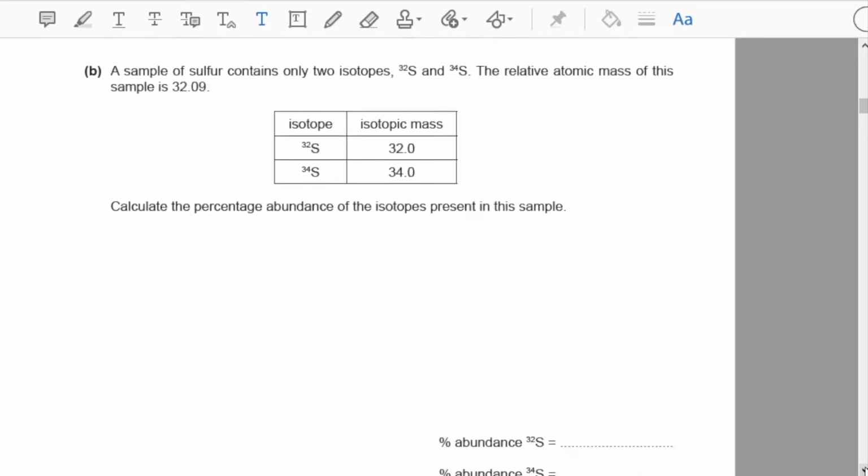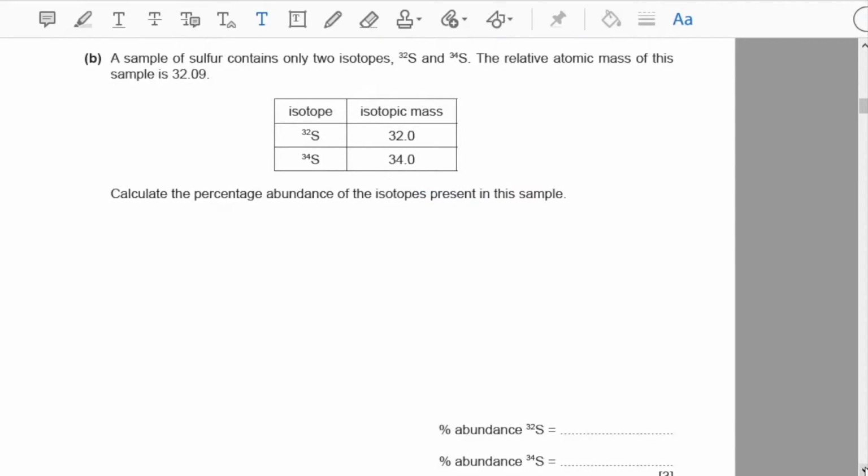Part B. A sample of sulfur contains only 2 isotopes, sulfur 32, sulfur 34. The relative atomic mass of the sample is 32.09. Calculate the percentage abundance of the isotopes present in this sample.